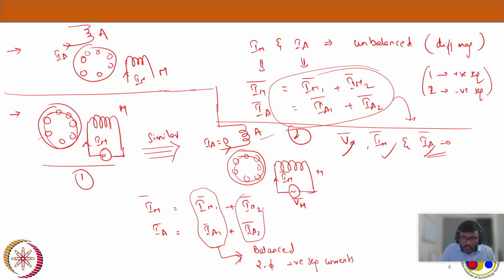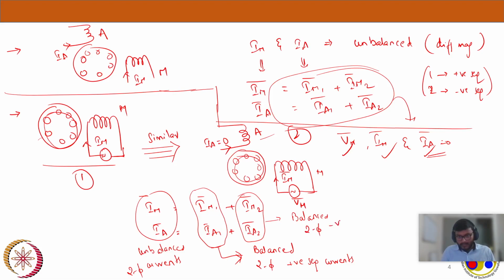And if you consider IM2 and IA2, these two are individually balanced again, balanced two-phase negative sequence currents. IM and IA themselves are unbalanced two-phase currents, they need not be balanced.